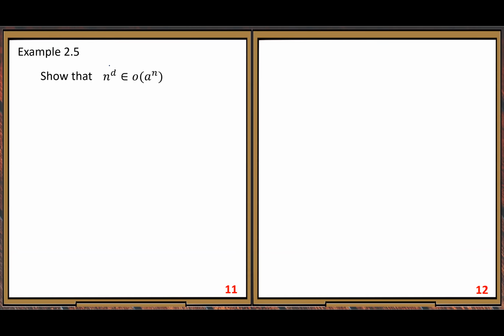Why do we call it a power function? n is a variable. d is not a variable, d is a constant.